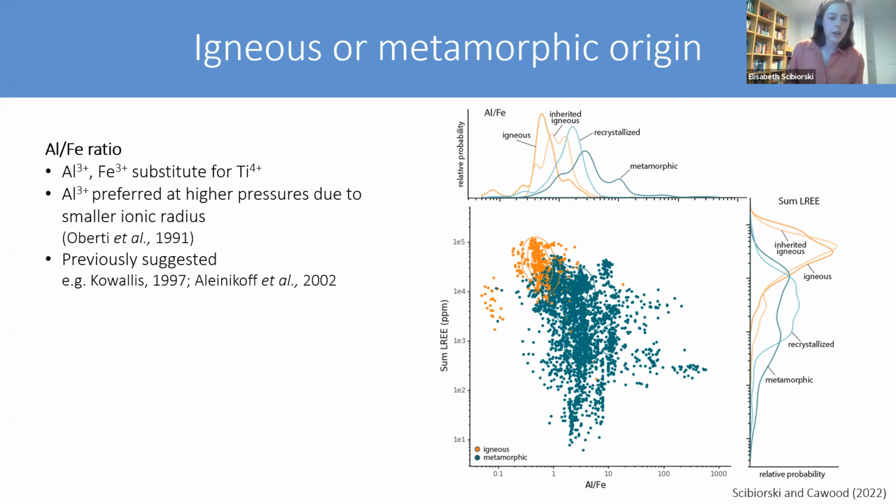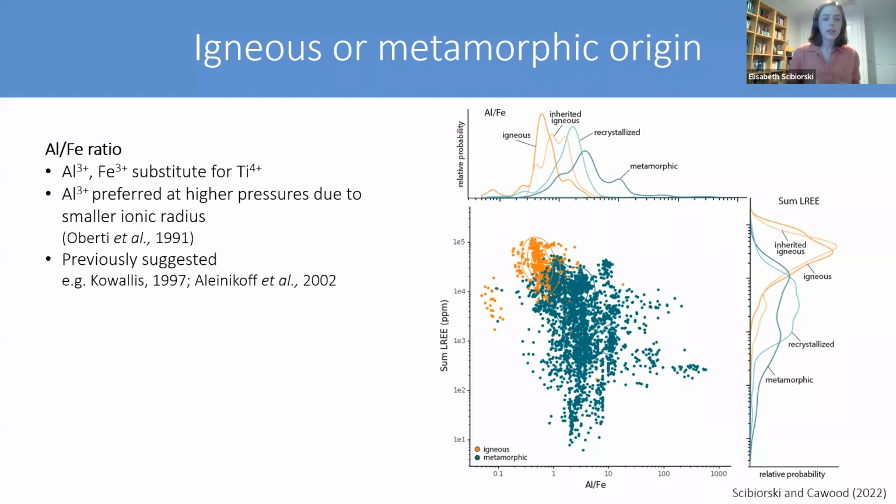The aluminium-iron ratio is useful because although aluminium and iron both substitute for titanium in the crystal lattice, aluminium tends to be preferred at higher pressures because it has a smaller ionic radius. So broadly speaking, metamorphic titanite typically appears at moderate pressures, somewhere in the amphibolite facies, whereas in igneous rocks, it tends to crystallize at much lower pressures.